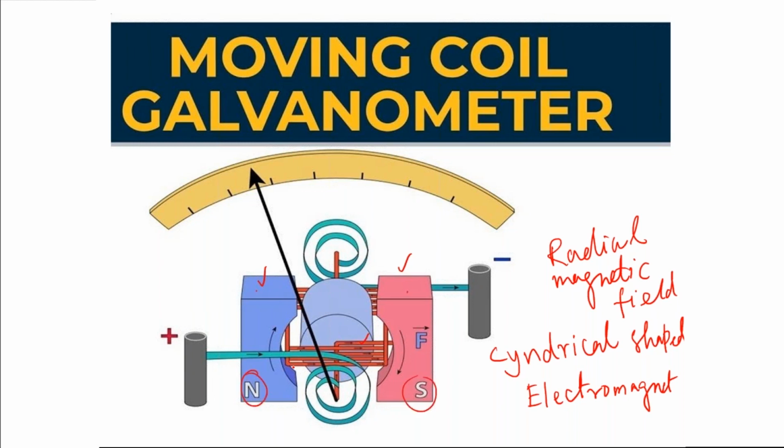So you have the electromagnet. You can see the north pole and south pole, and this is cylindrical shape which creates a radial magnetic field. And you can see this is a loop, the deep brown colored current carrying loop, and suppose there are n turns, and each is carrying current I. So n I current is flowing through that.